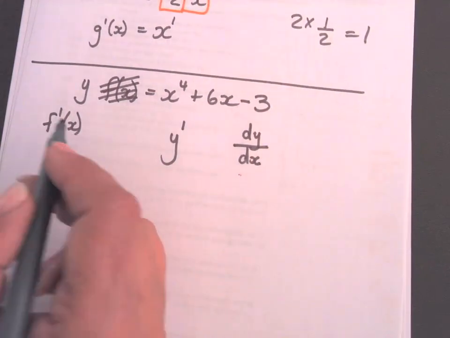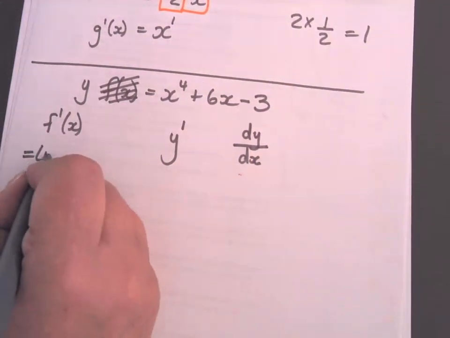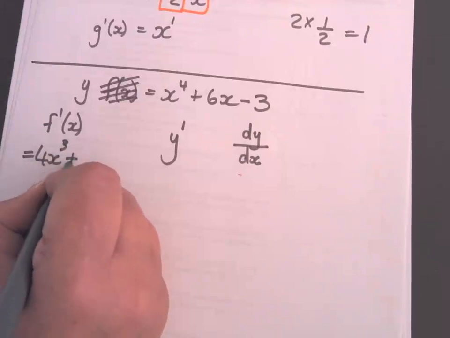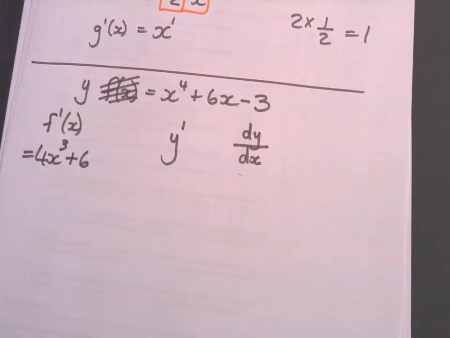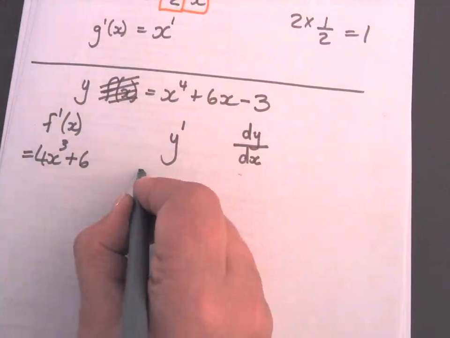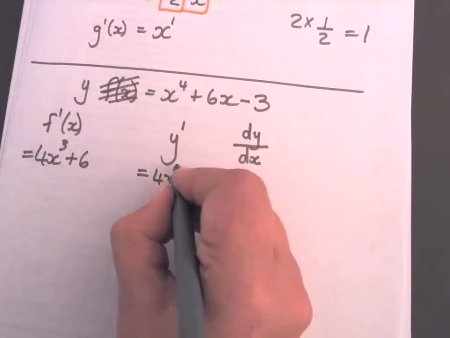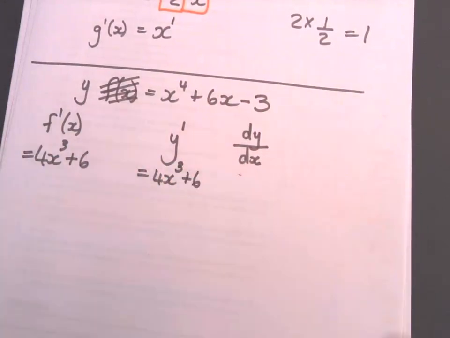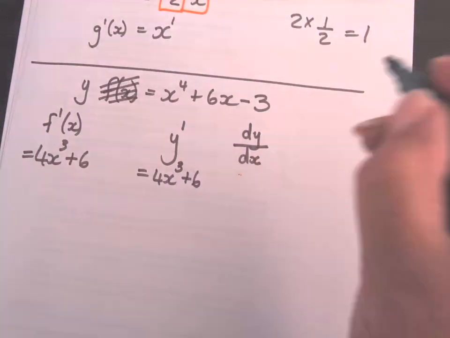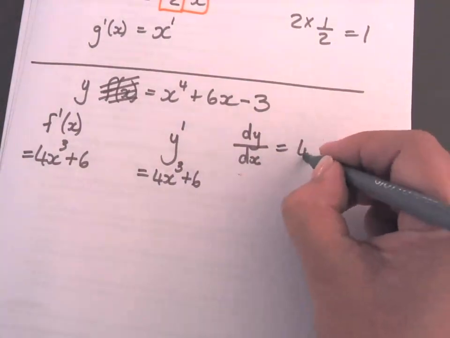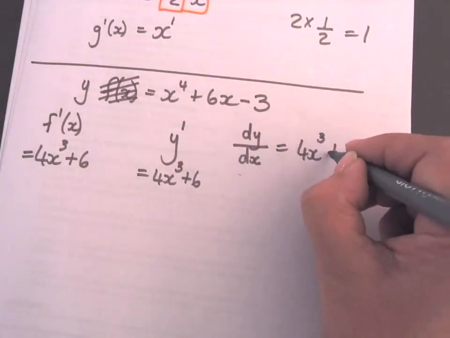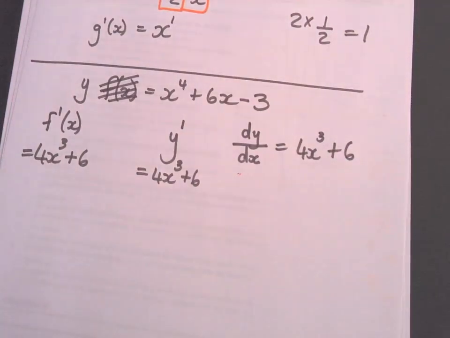If I ask you this notation, you will have 4x to the power of 3 plus 6. If I ask you that notation, you will have 4x to the power of 3 plus 6. This notation, the answer will be 4x to the power of 3 plus 6.